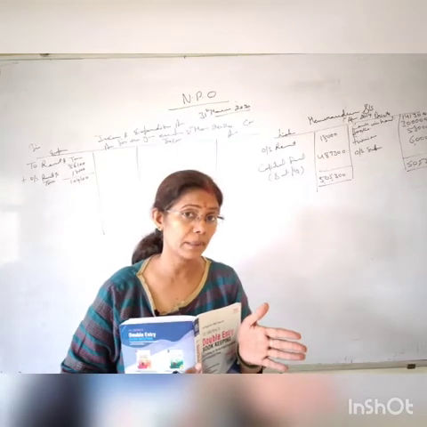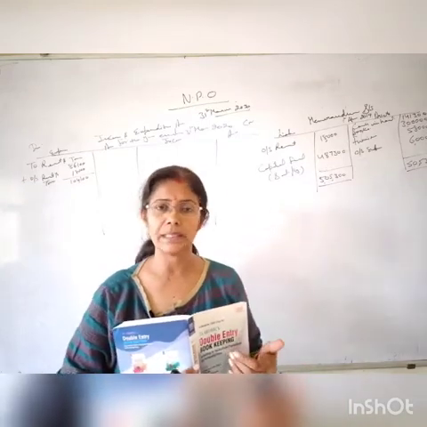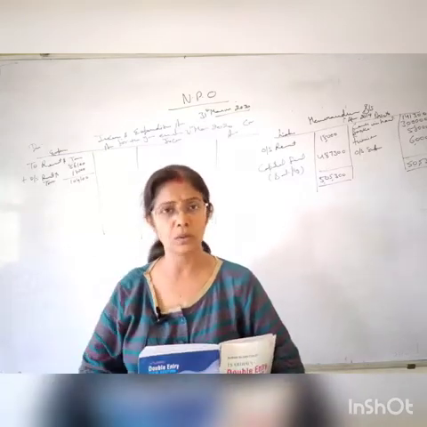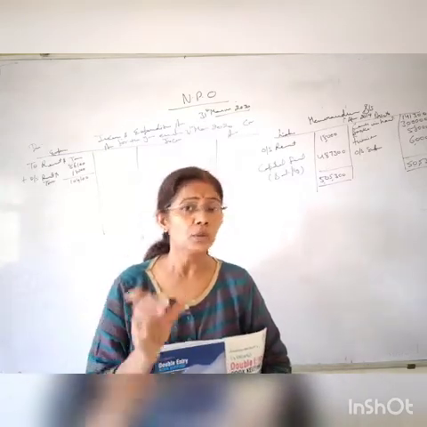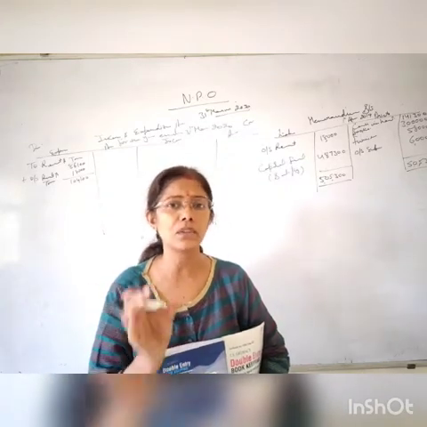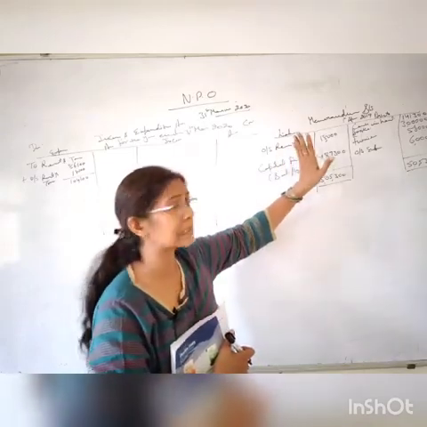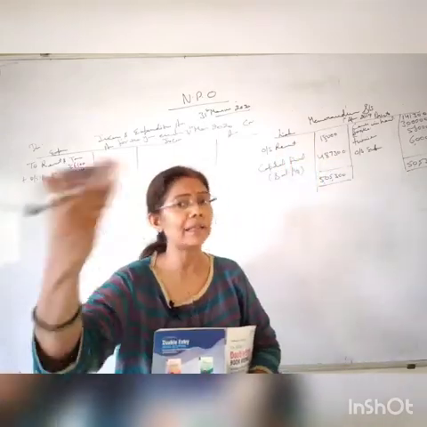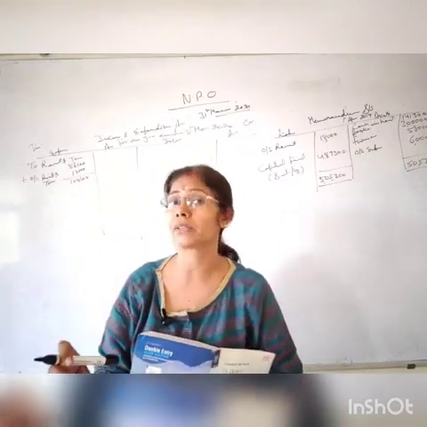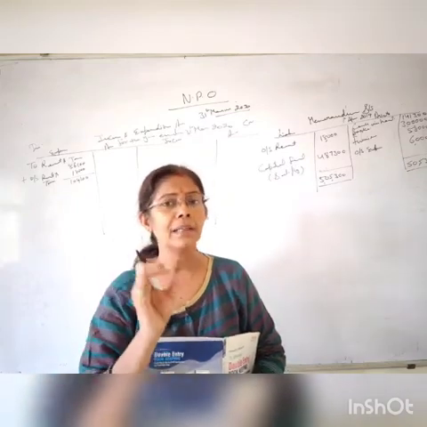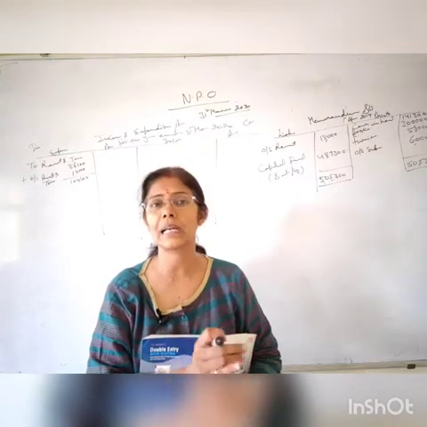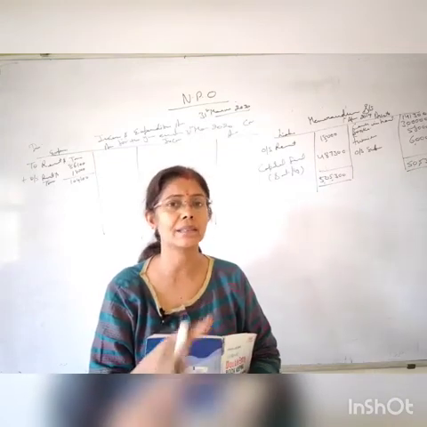Are you getting it? Okay, if there is any outstanding in this year, we have dealt with it, but when is the actual payment made? The actual payment will be next year. If the payment had been made this year, there was no reason to show it as outstanding. So the payment has not been made this year, so we have shown it in the balance sheet as outstanding rent and we pay it in the next year, right? And due to some reason, if it is not paid in the next year also, then we get it in the adjustments, right? They will give that the previous year's rent is still outstanding.